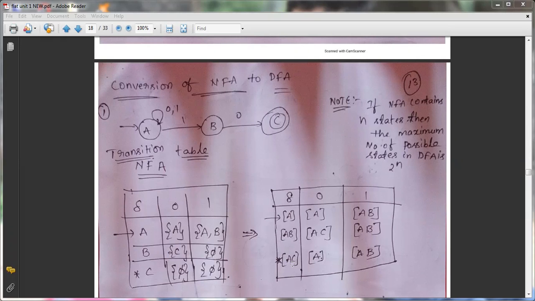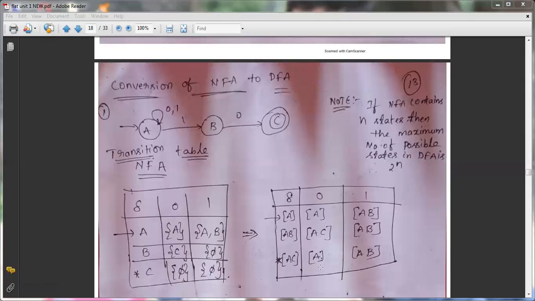A on 0 is going to A, and C on 0 is going to the null state, so I'll take it as A. A on 1 is going to AB, and C on 1 is going to the null state.